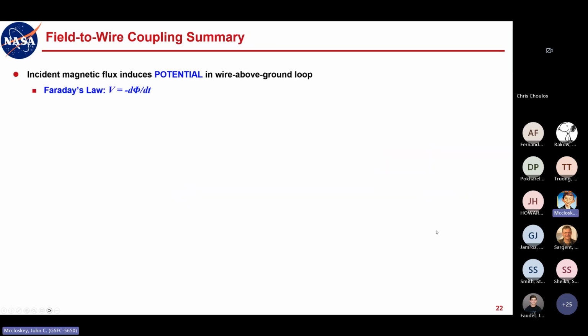All right, so summarizing field-to-wire coupling, the incident magnetic flux, remember, induces a potential. Sometimes we get a little lazy and sloppy and say magnetic coupling induces a current. And the current is a secondary effect.